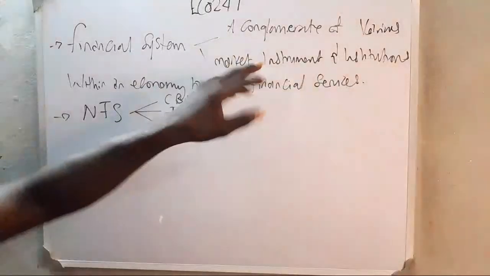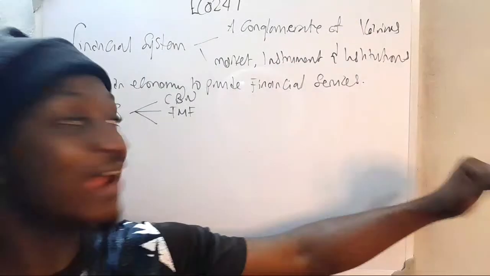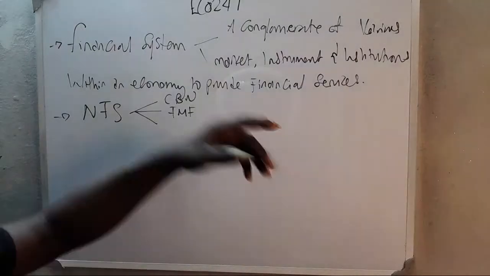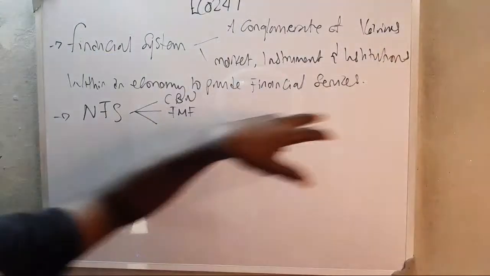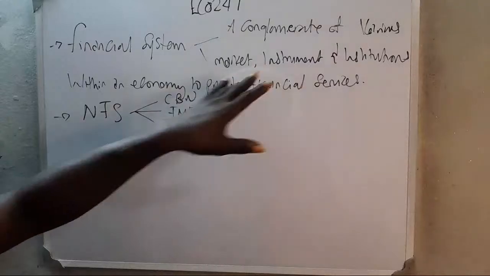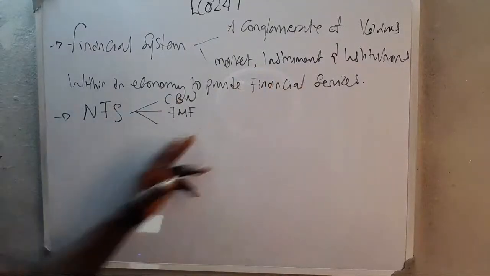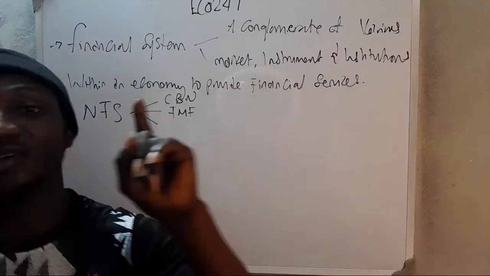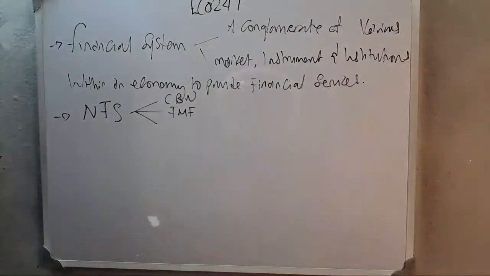These are the financial institutions that provide financial services within the economy here in Nigeria. So we have the CBN as the apex body, and the FMF.